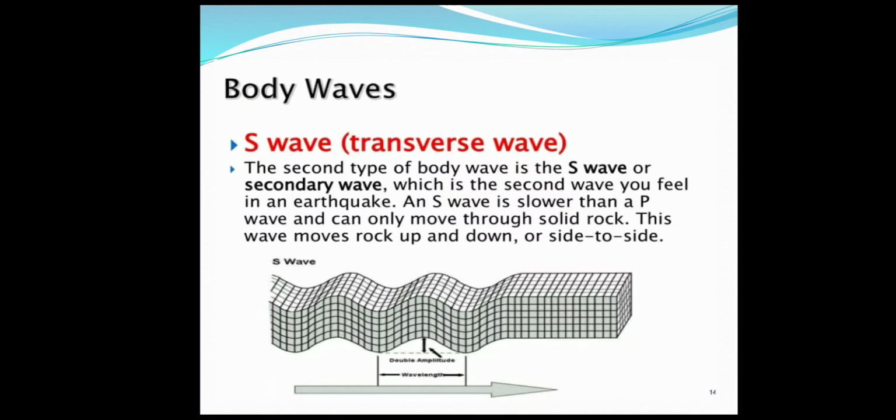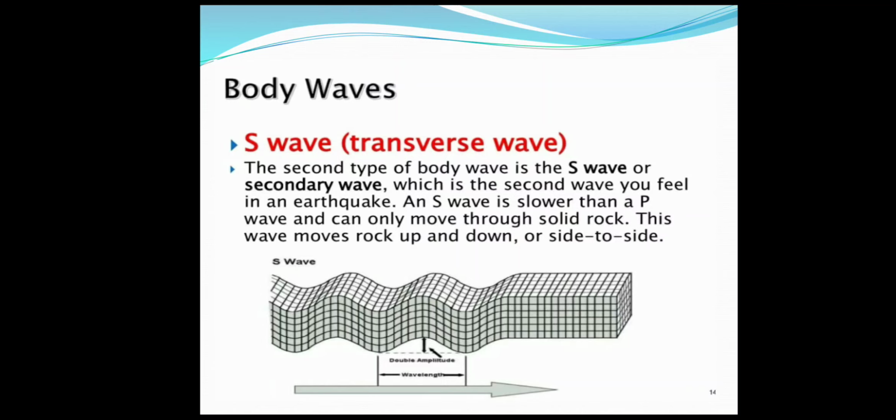So the next part is the S waves. S waves are the secondary type of body waves. The name indicates that these travel in an S shape, and hence are called S waves. An S wave is slower than a P wave and can only move through solid rocks.